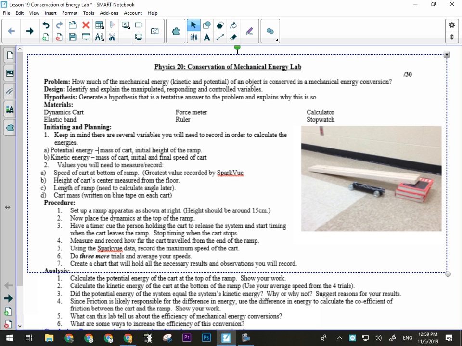All right, so we want to identify and explain the manipulated, responding, and controlled variables. Some things that we're going to be looking at in the lab: we want to compare the potential energy with the kinetic energy. Everybody with me there? Does this lab work if I don't put the cart at the top of the ramp?